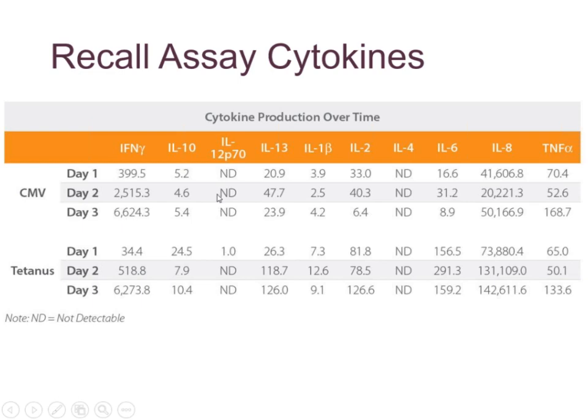And just to highlight, again, you'll see that interferon gamma is made in abundance. There's a little difference between the two antigen stimuli. You can see that there is IL-13 in response to tetanus toxoid, and we can pick up some IL-2 there. Lots and lots of IL-8, and TNF-alpha at lower levels is seen in both cases.